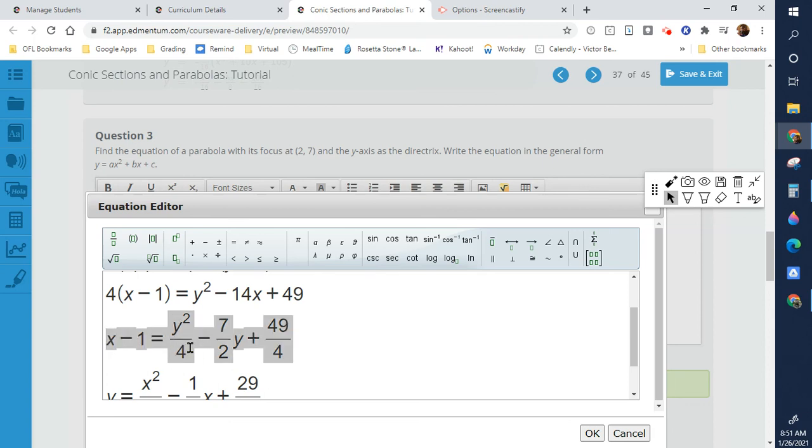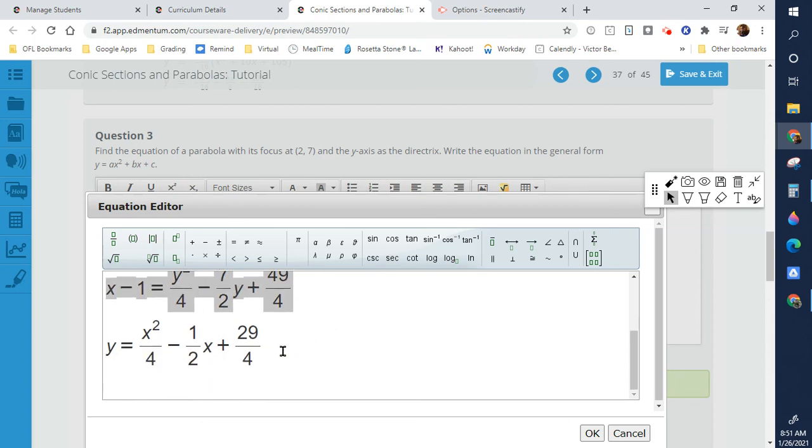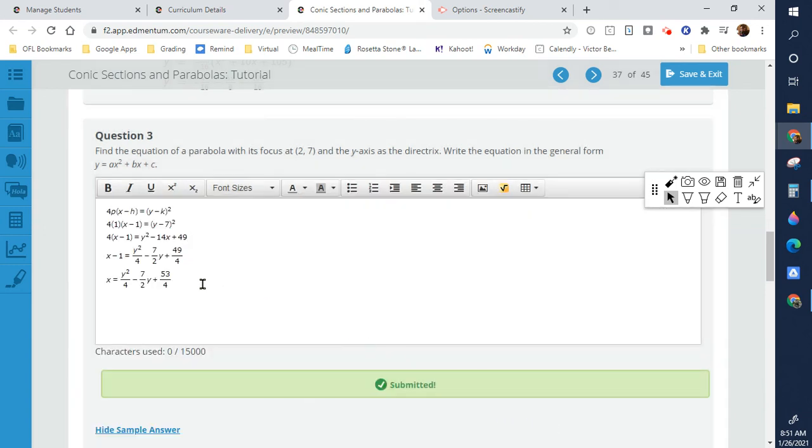And then we're going to add that 1, which is 4 over 4. So if we're going to add that 1 to both sides, we're adding 4 over 4, which means this is 53. So you guys can look at this and see how I fixed it.